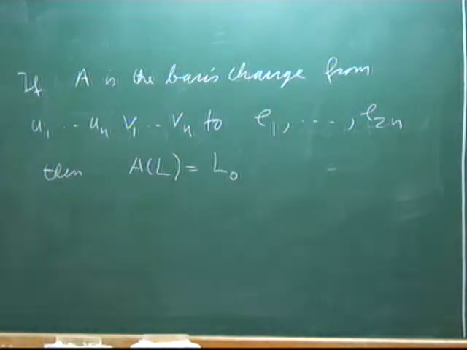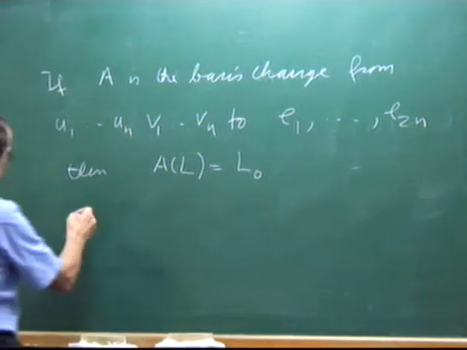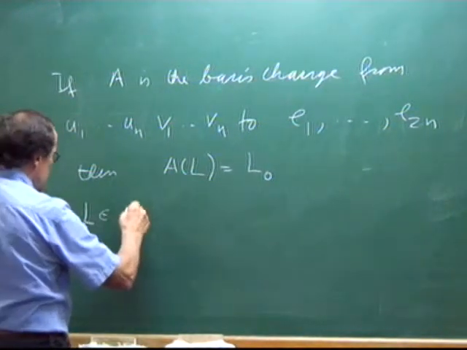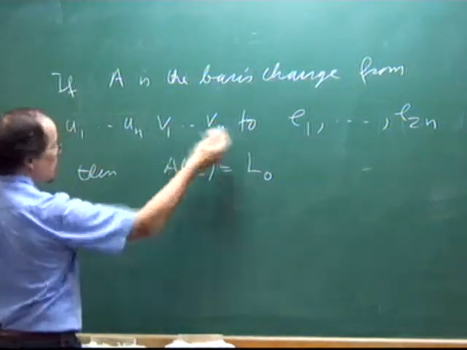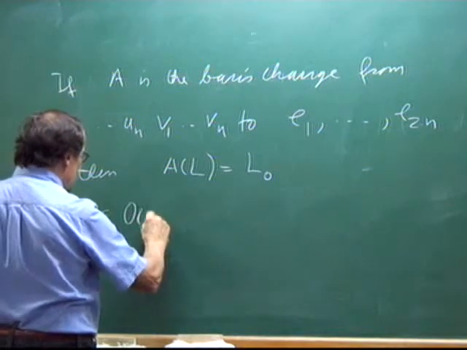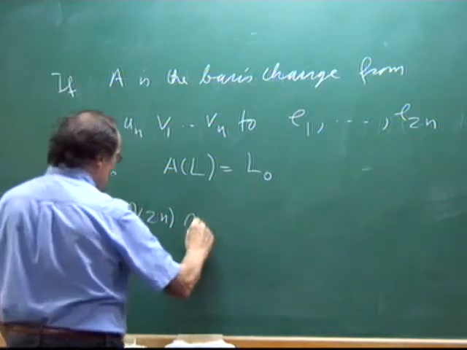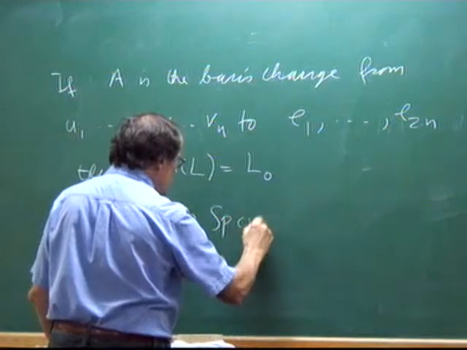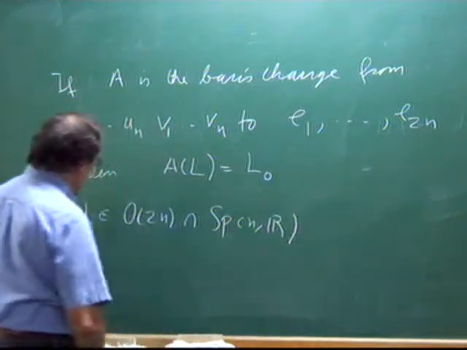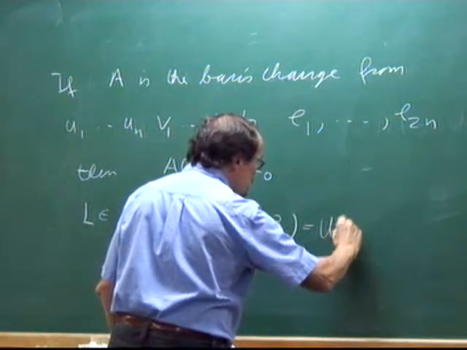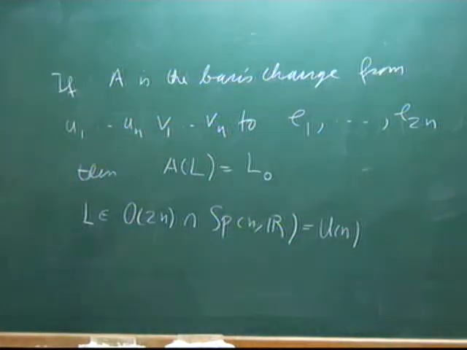And of course, this is now an isometry because these are both orthonormal bases, so A lies in O(2n). But it also is symplectic, again by construction, and that was U(n). Okay, so I have a much smaller group that acts transitively.